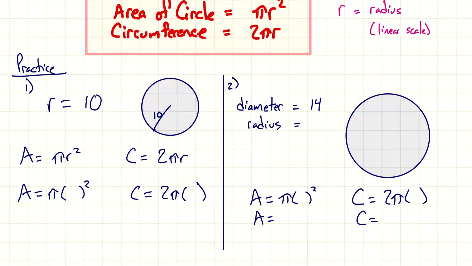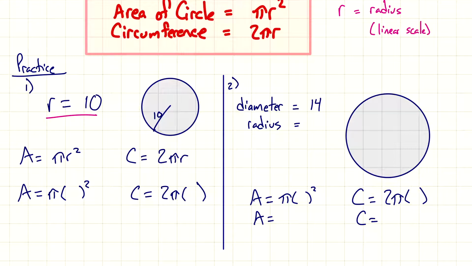Now, if you're given the radius is equal to 10, then the question for you is, what does the area equal, and what is the circumference? So I've already worked those out for us. And so I'm going to plug in these numbers.